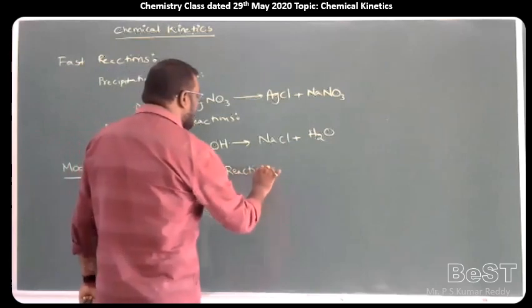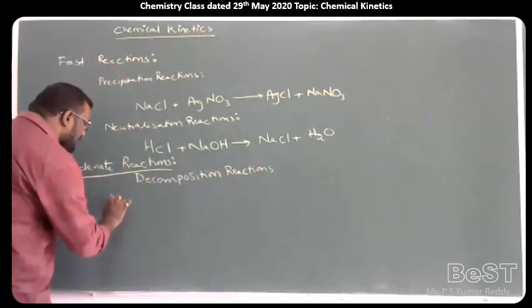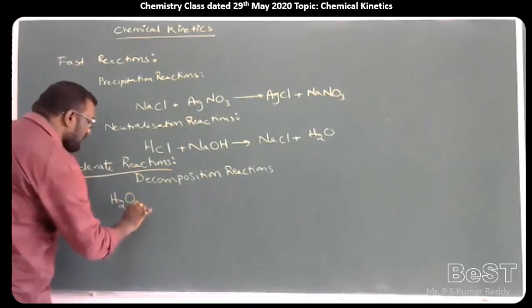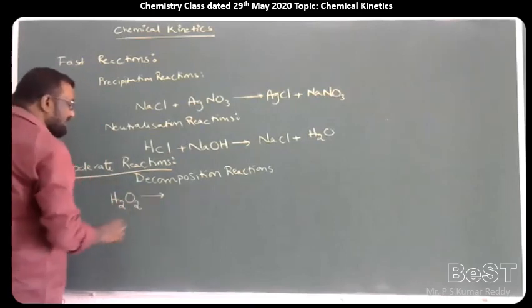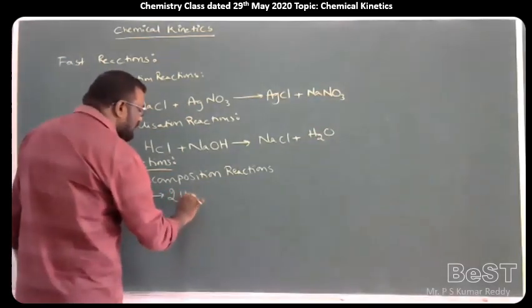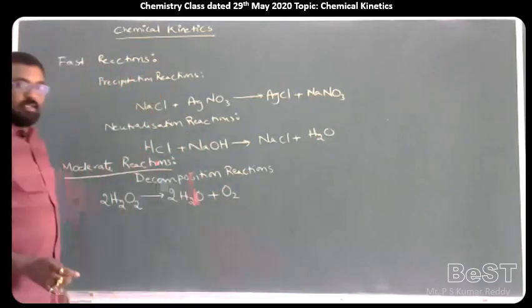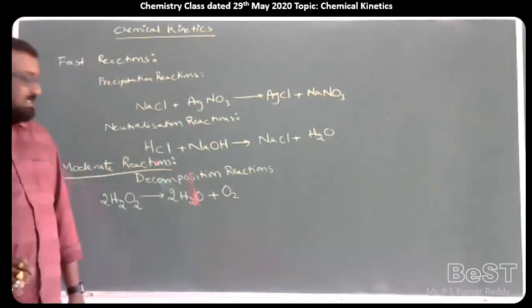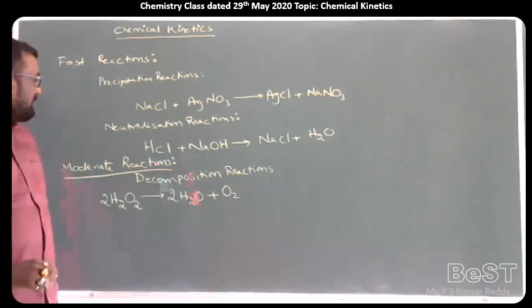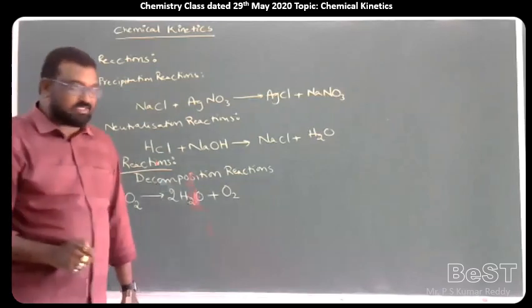For example, when hydrogen peroxide is decomposed, it will be decomposed into water and oxygen gas. So this reaction is a moderate reaction because it is little bit slow when compared to fast reactions.